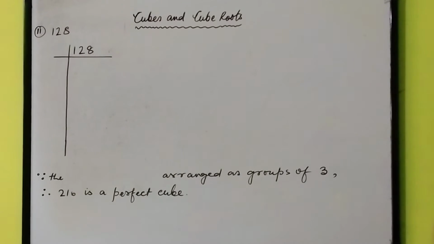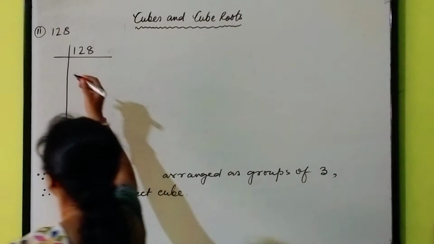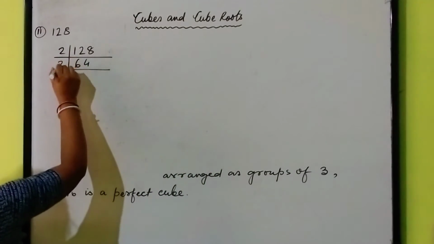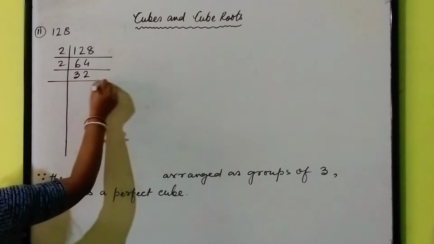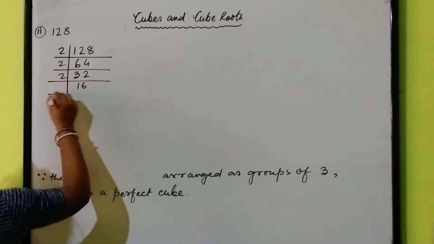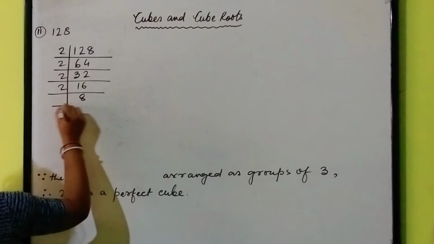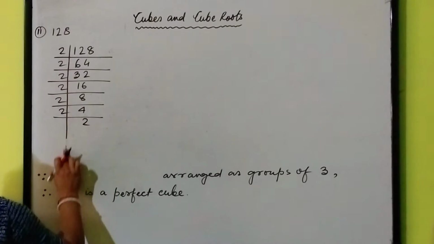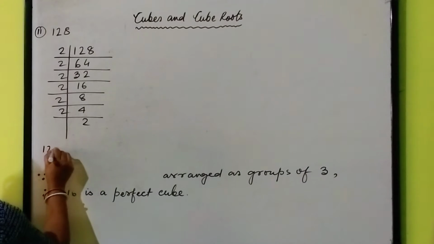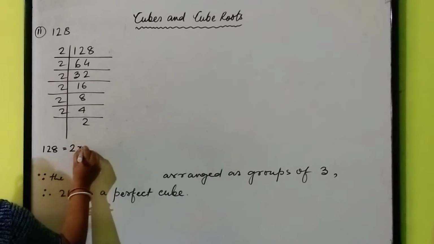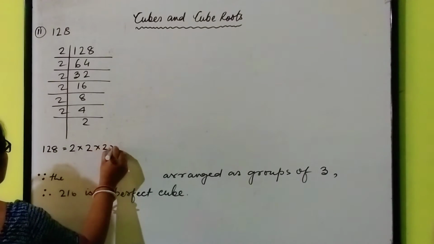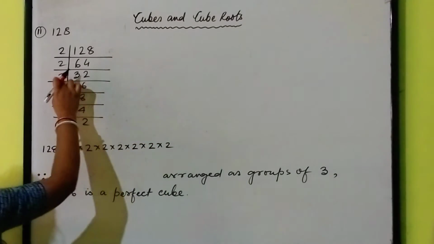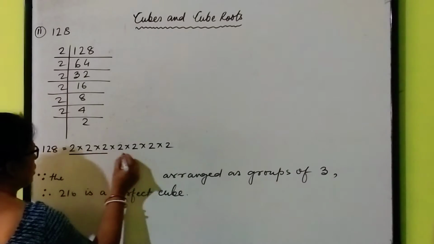Now see the next one. It is 128. So what to do? 2 6s are 12, 2 4s are 8, 2 3s are 6, 2 2s are 4, 2 16s, 2 8s, 2 4s, 2 2s. Clear? So 128 equals 2 times 2, seven times. Now make triplets.